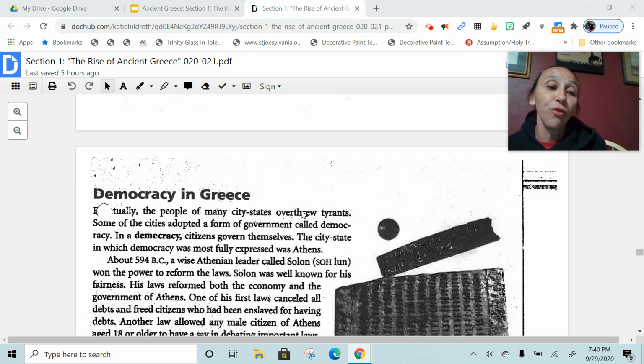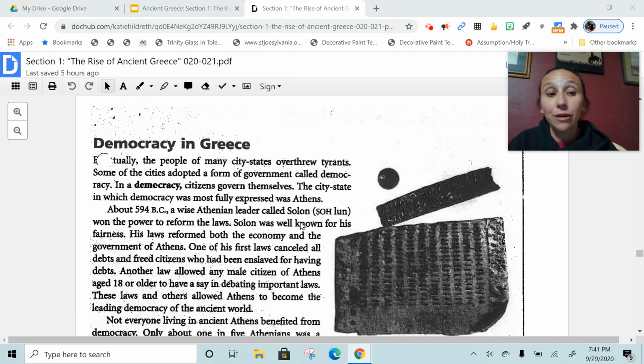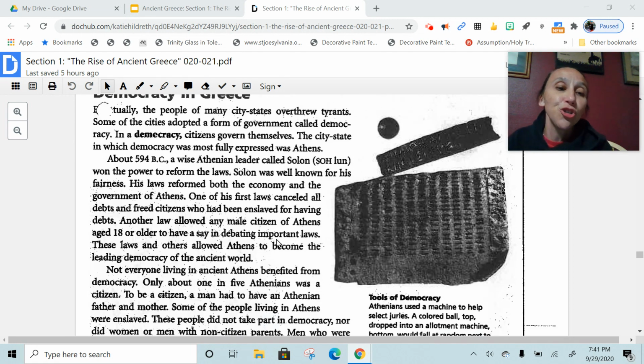About 594 BC, a wise Athenian leader called Solon won the power to reform laws. Solon was well known for his fairness, which is a good thing because a lot of the rulers back then weren't always fair, depending on who your ruler was. His laws reformed both the economy and the government of Athens.